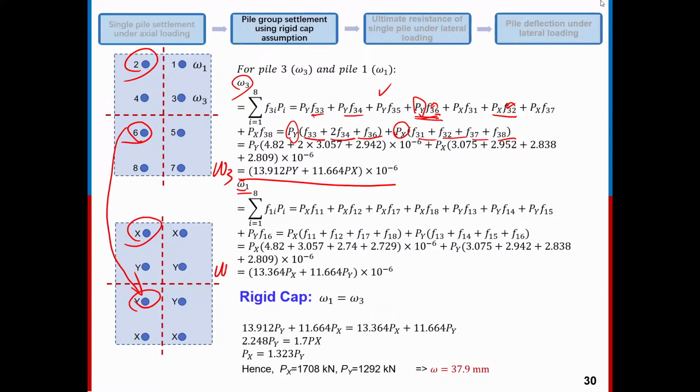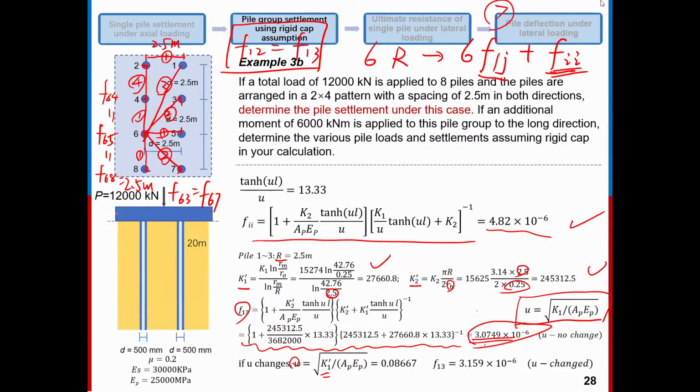Similarly, we can get the omega 1 expression as shown here, right? Okay, there we have 2 equations now, right? And because based on the rigid cap assumption, which means this is rigid, if we only have the vertical loading on top, the rigid cap will move only vertically downward, okay? So the amplitude of the settlement of each pile will be the same.